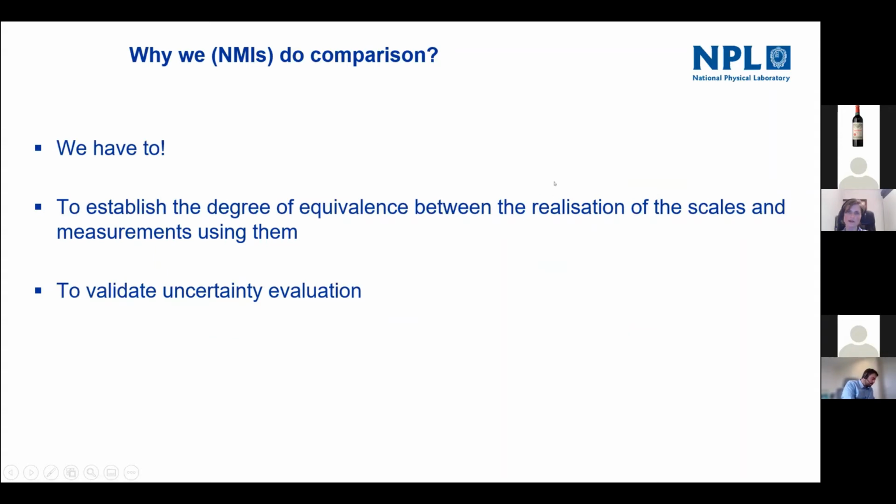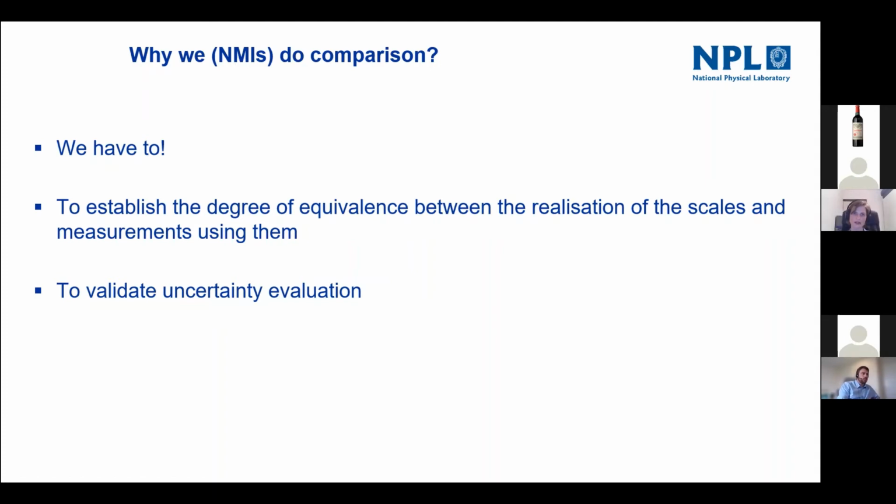And so I would say that as NMIs, we have three different functions. We maintain the scale, we disseminate the scale, so we make sure that what we measure is what is meant to be measured. We calculate uncertainty for those measurements because we believe that there are no measurements without uncertainty estimation. But we also need to validate that we are right. So we have to do comparisons. We have to compare between different NMIs and be sure that we agree with each other.